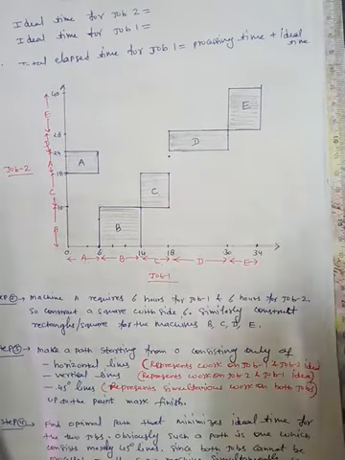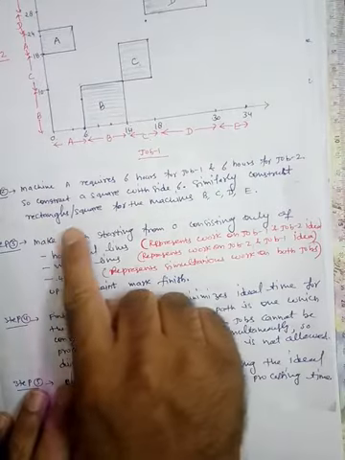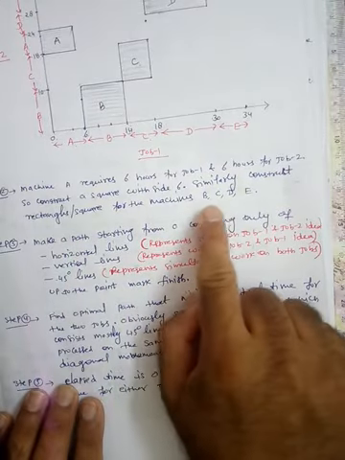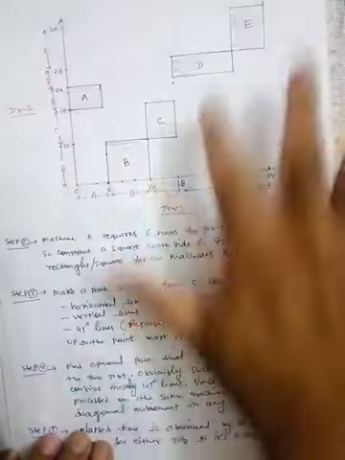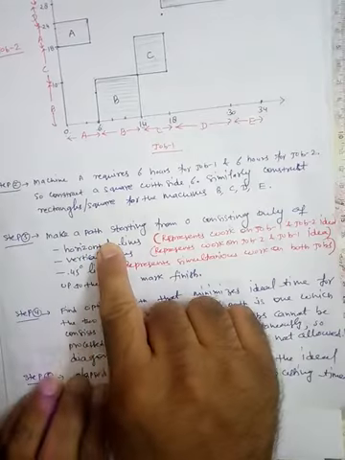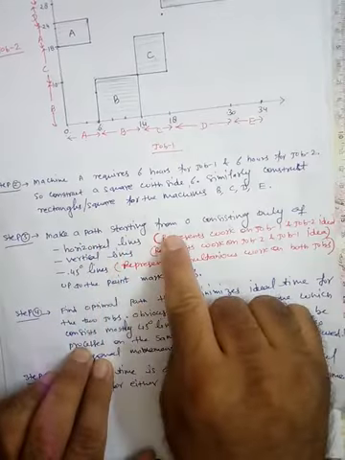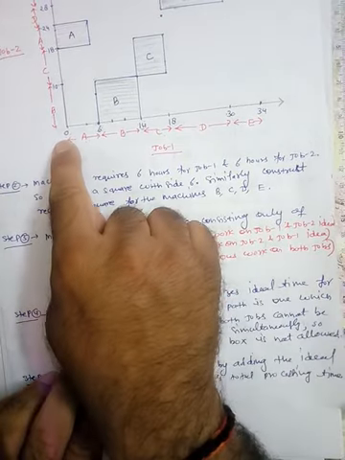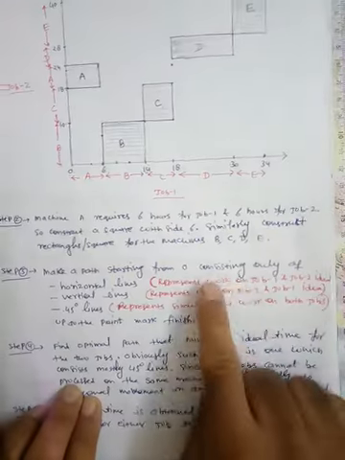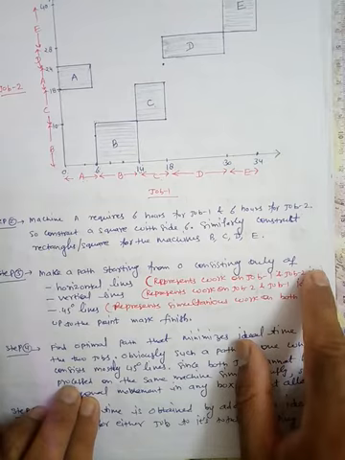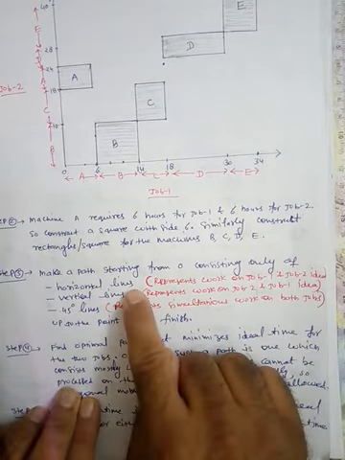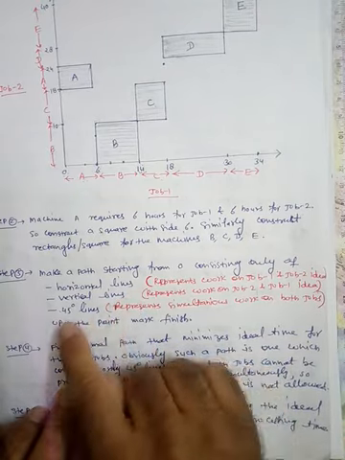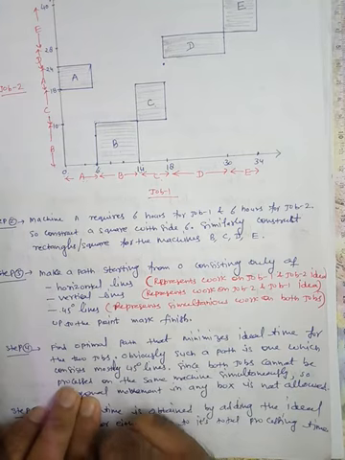Fine. Now, similarly, construct rectangles for the other machines B, C, D. So we have already done it. Now, step number 3. Make a path starting from origin O, this point, and consisting only of horizontal lines, vertical lines and 45-degree lines.